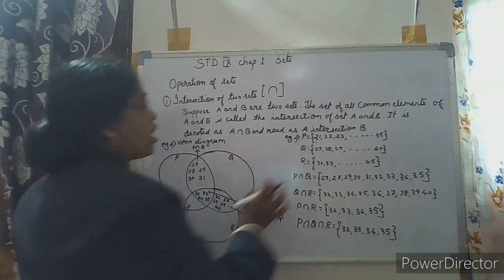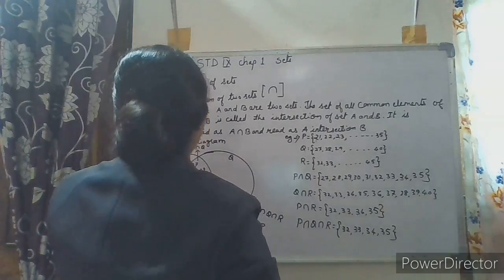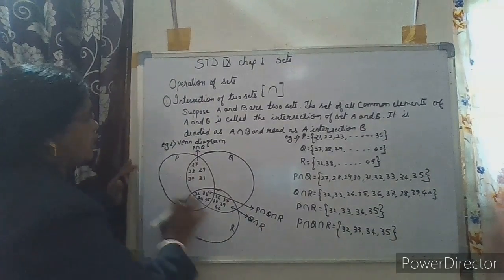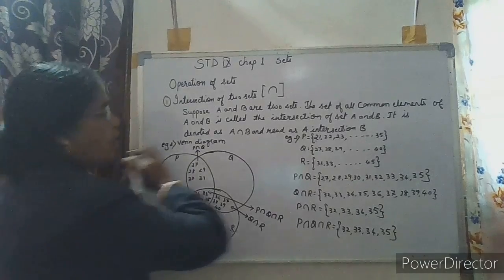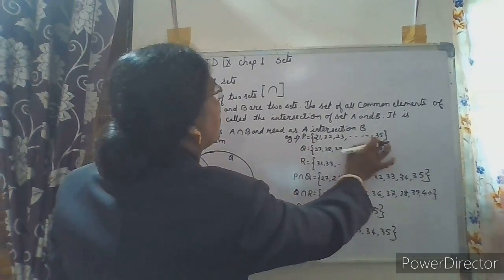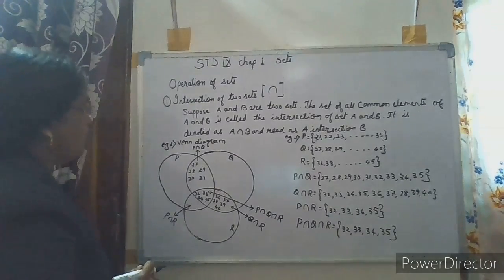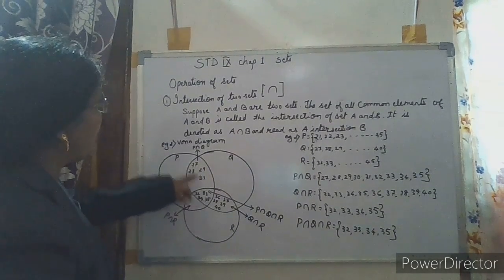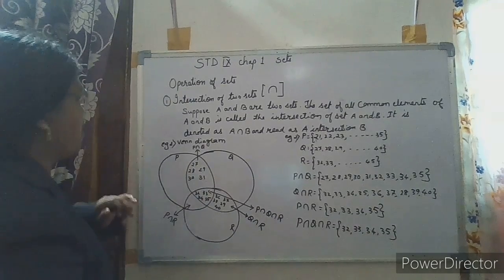Now, come to set P. This first circle is showing set P. We have got elements from 21 to 35. From 27 to 35 we have in this intersection part.